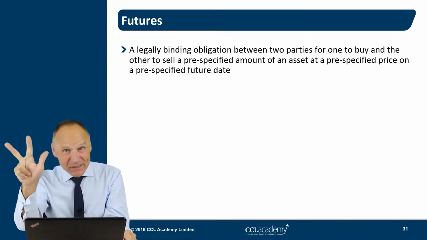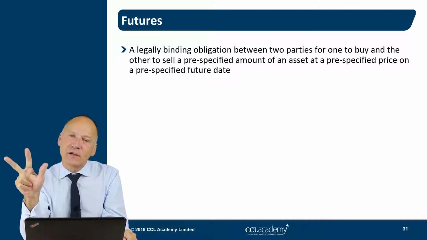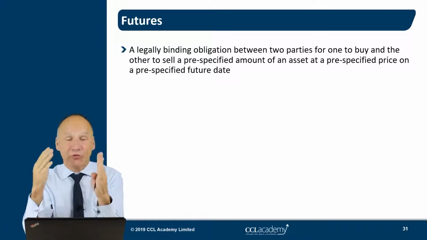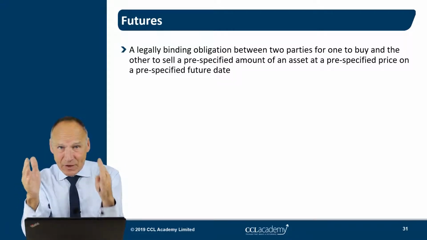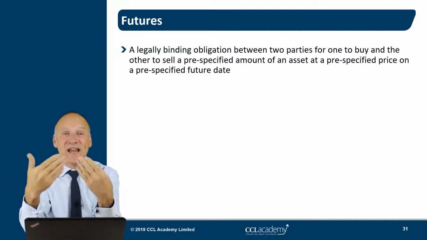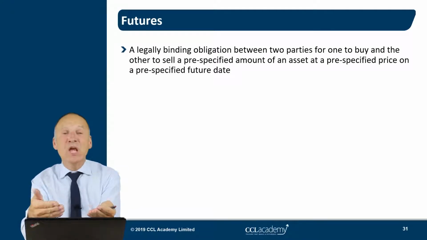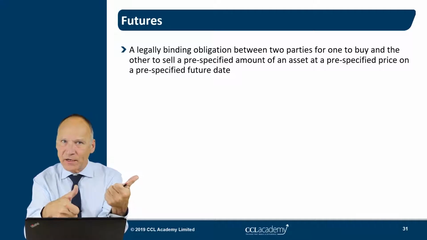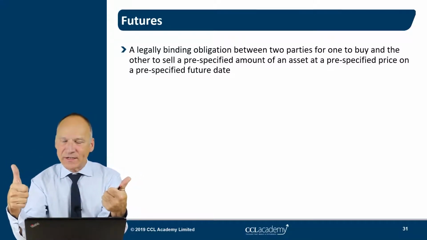Now, let's persist with this idea of 3 months. So we're talking about a delivery date that is 3 months later than the date the deal is first entered into. So we've got two parties, a buyer committing to buy, a seller committing to sell.